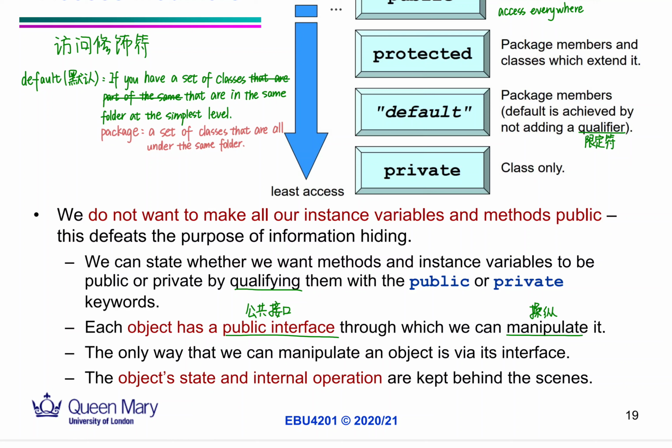Each object has a public interface through which we can manipulate it. The only way that we can manipulate an object is via its interface. The object state and internal operations are kept behind it.